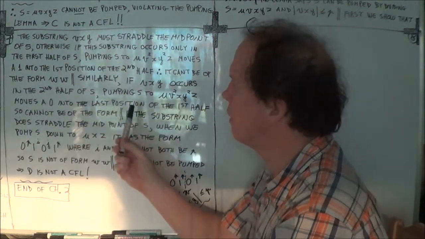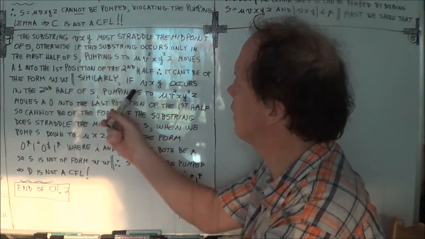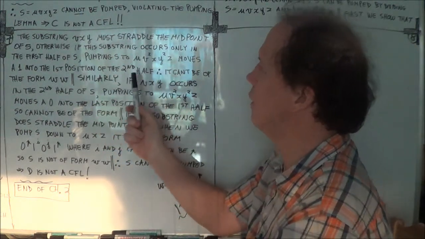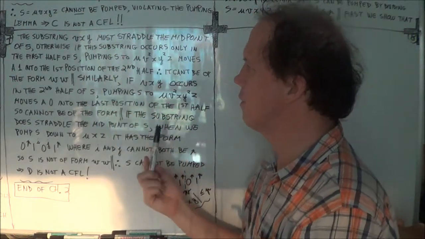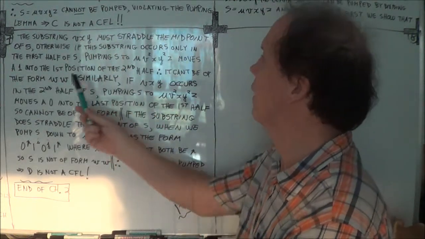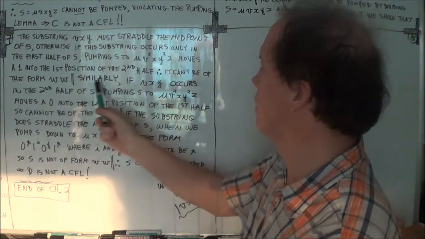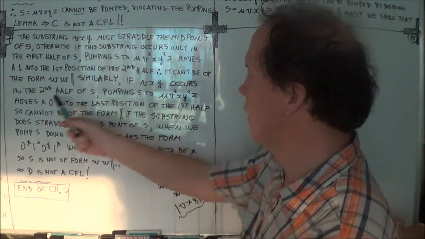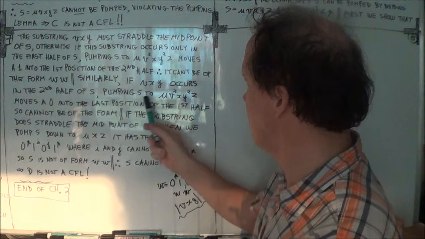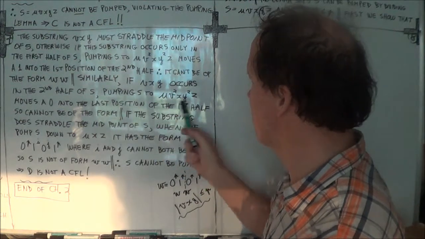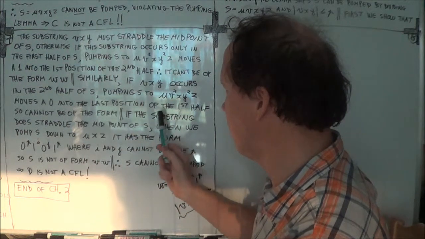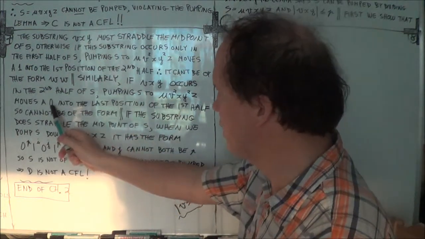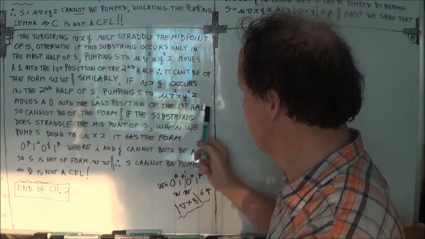And then similarly, with similar reasoning, it cannot be totally in the right-hand side of the string S either. Why is that? In the second half of S, again pumping the string with v squared y squared, you'll get a 0 in the last position of the first half.